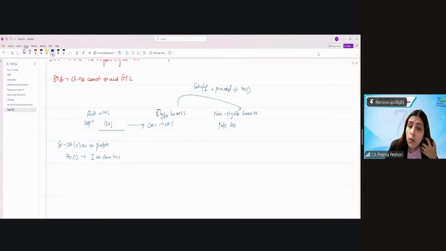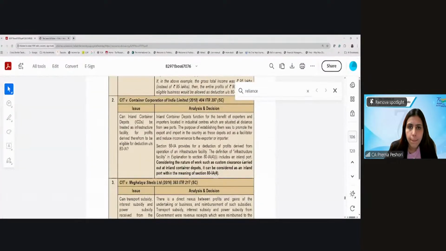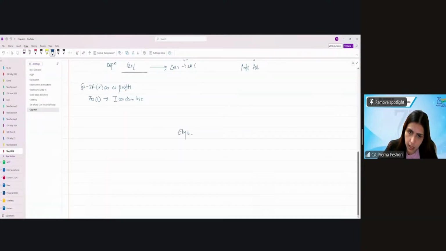Fine. Now, let us understand what if I have, let's say, again two businesses, eligible and non-eligible. Fine. I have a loss of 120 lakh.